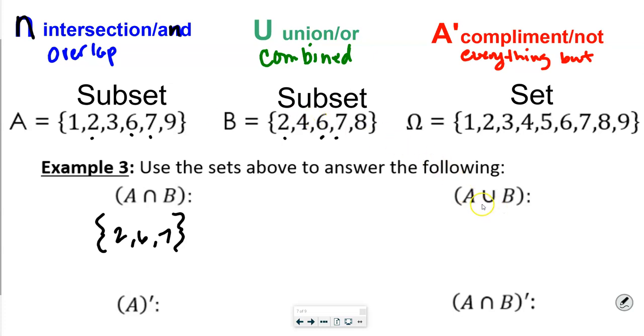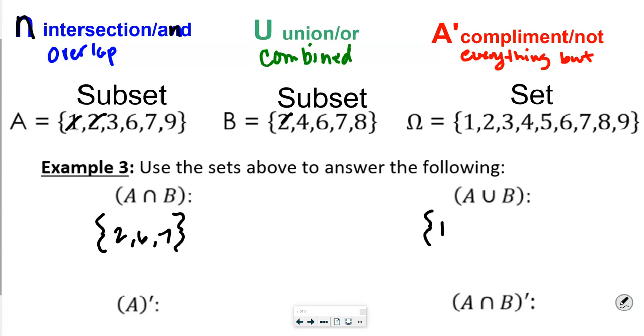Now this next one is the union of A and B. So this is when we combine A and B. What we don't want to do is repeat anything more than once. So we're going to move through these sets, and good for us, they're in consecutive order, right? So here we go again. We've got our 1. So I'm going to put it here, 1.